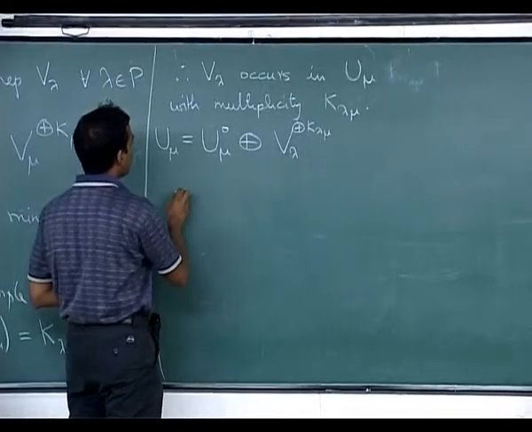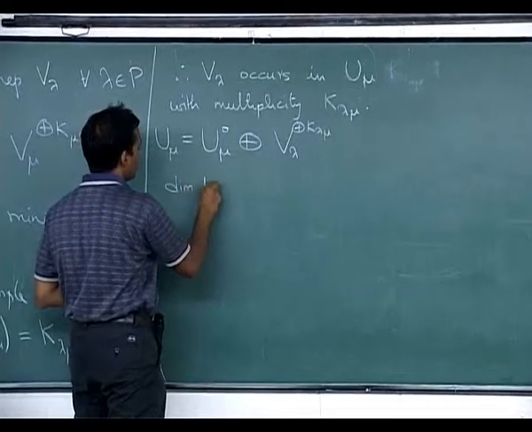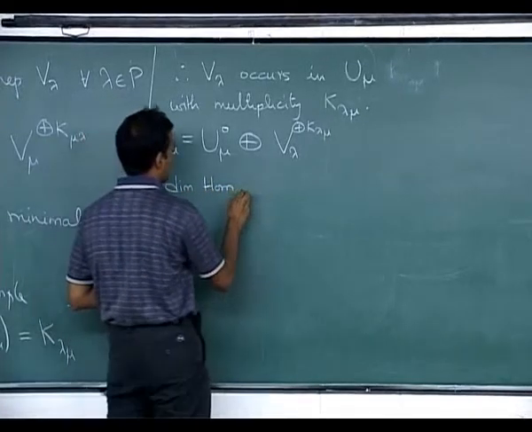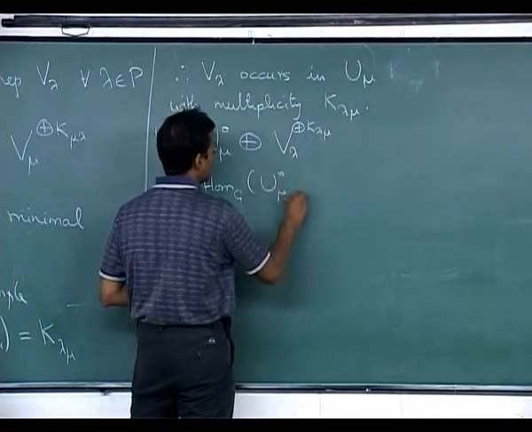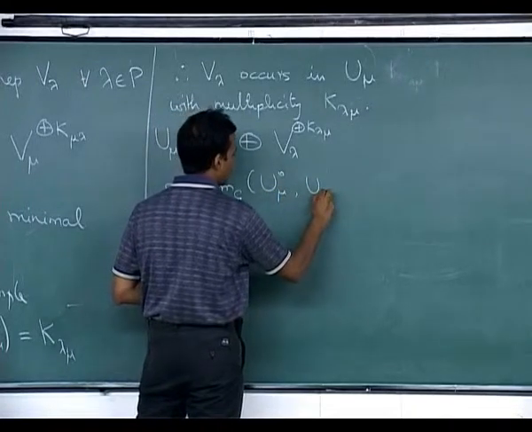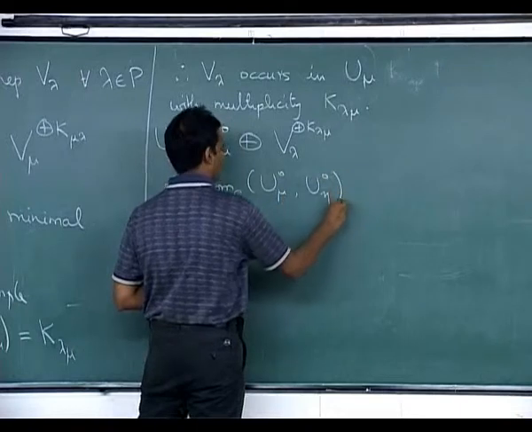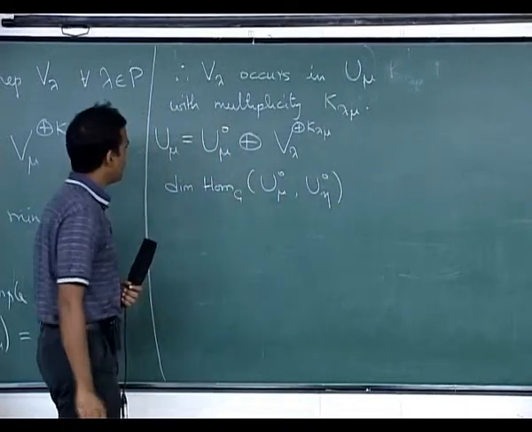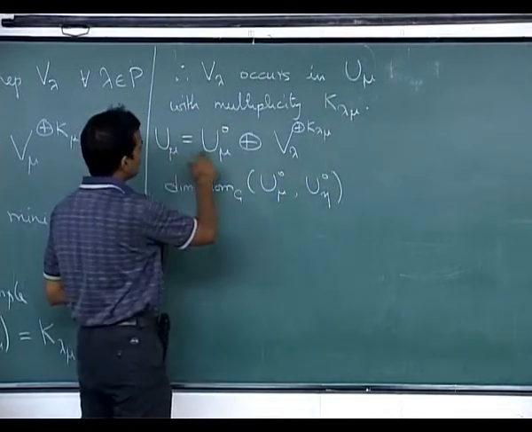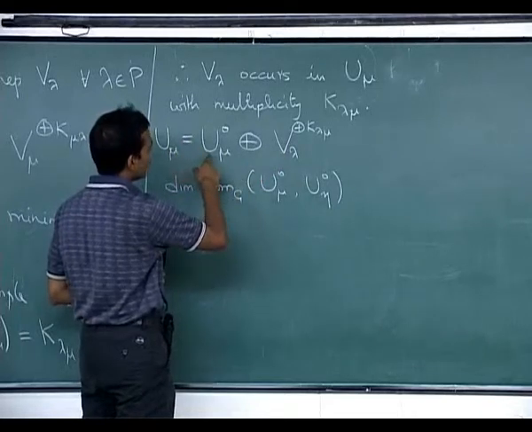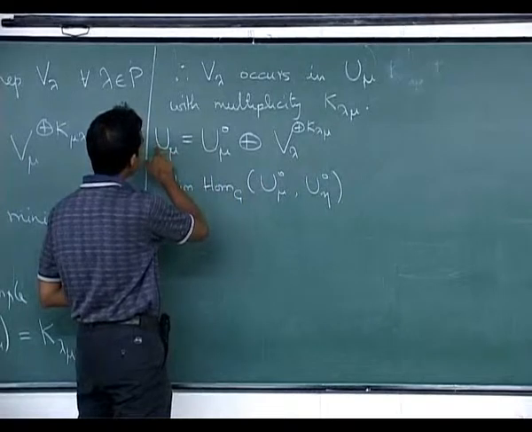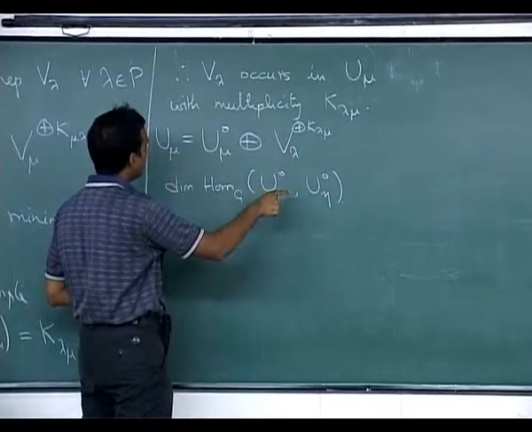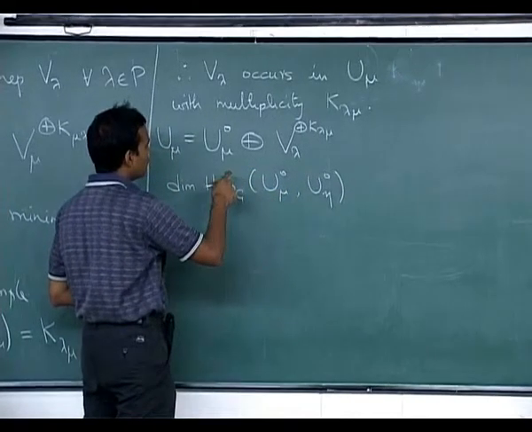Okay, let's calculate the dimension of Hom of u mu 0, u eta 0. You use this equation. So the dimension of the homomorphism u mu to u eta will be an overcount.